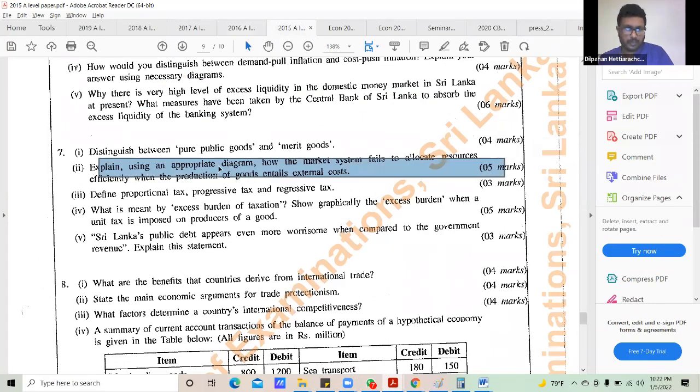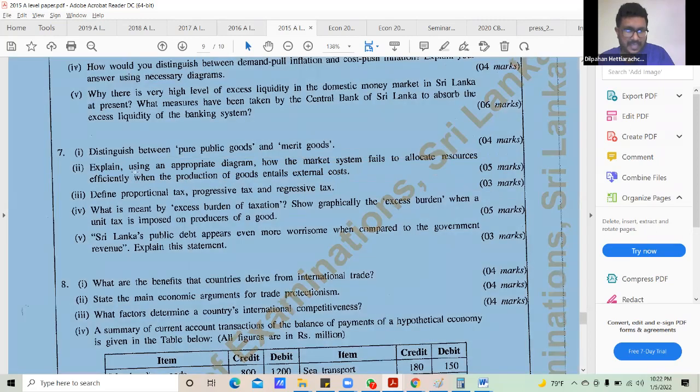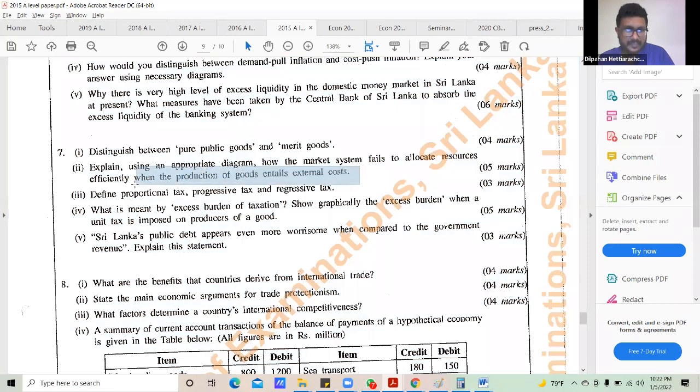Explain using an appropriate diagram how the market system fails to allocate resources efficiently when the production of goods entails external cost.